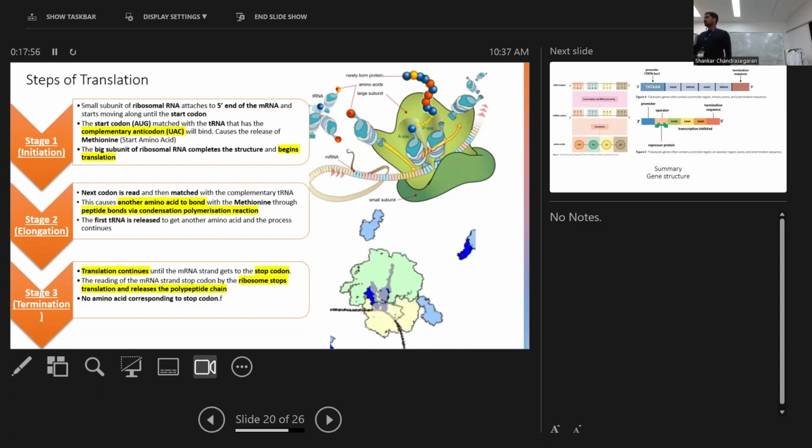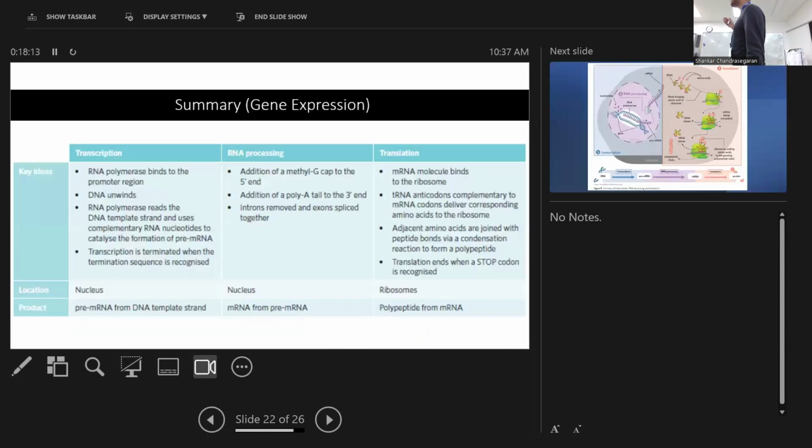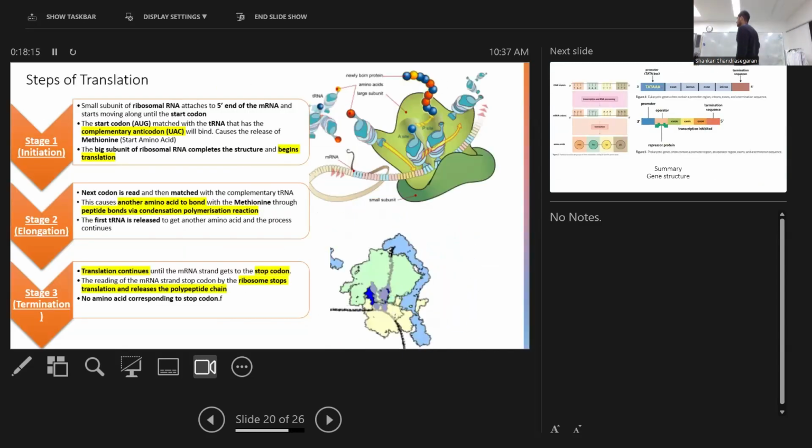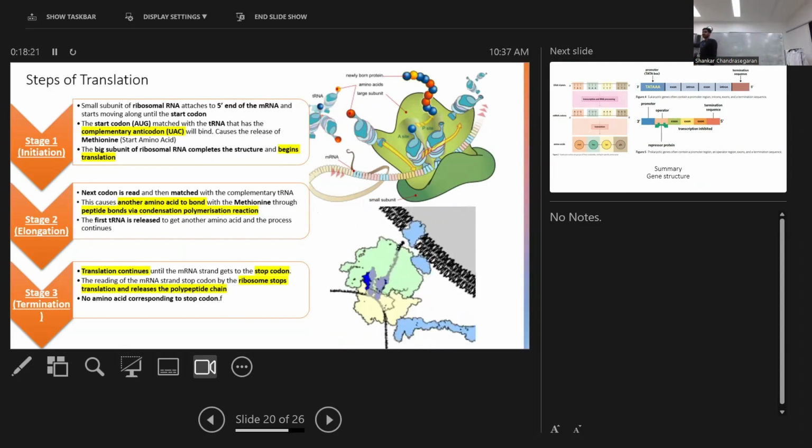When the stop codon is read, the ribosome gets a message saying translation's over. Just stop. Just release the polypeptide and release the mRNA. Your job is done. That in turn allows the polypeptide to be released, and that is just the first step of a polypeptide then eventually being made into a protein.